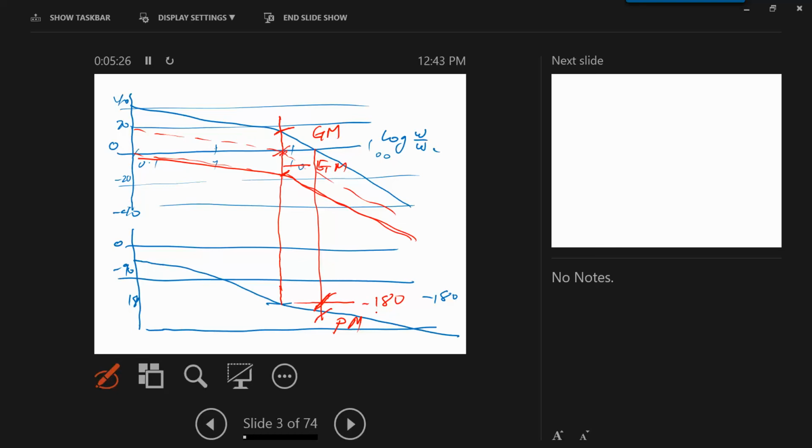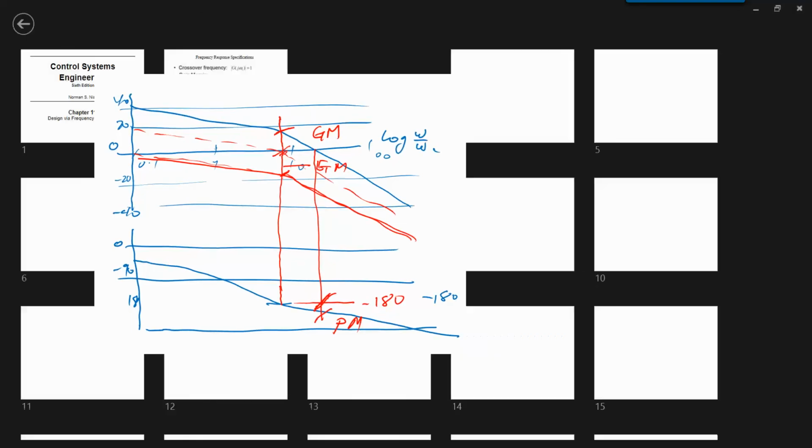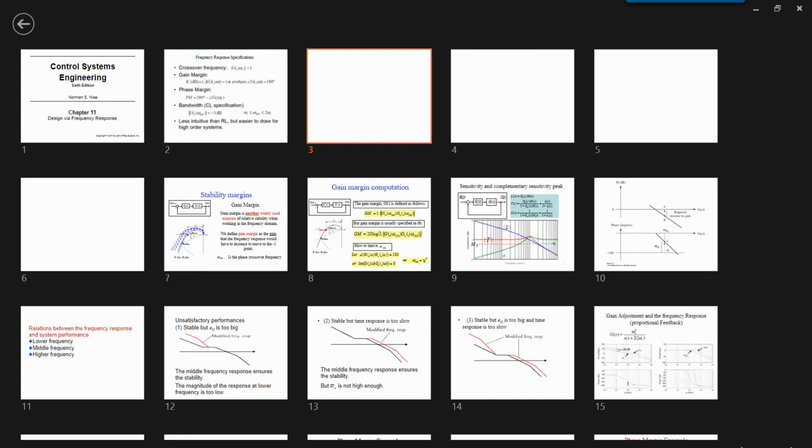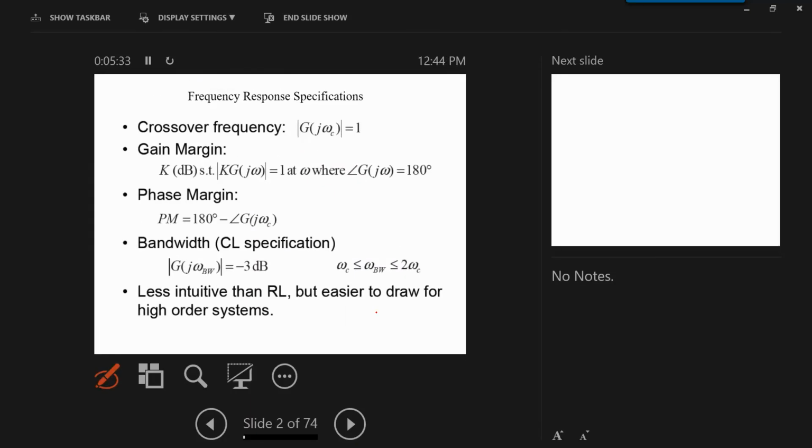If I go back to my slide, this is the gain margin and the phase margin. The phase margin is 180 degrees minus the phase angle of the transfer function. Now, what about the bandwidth?